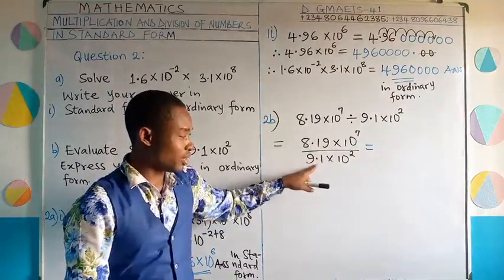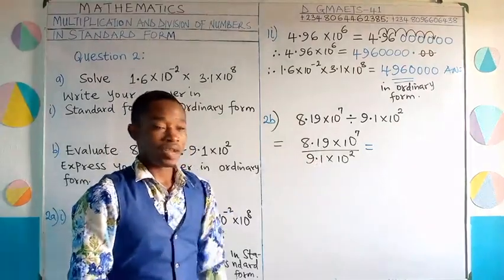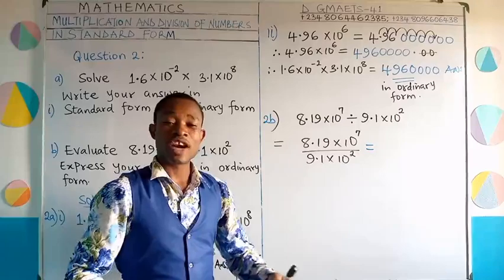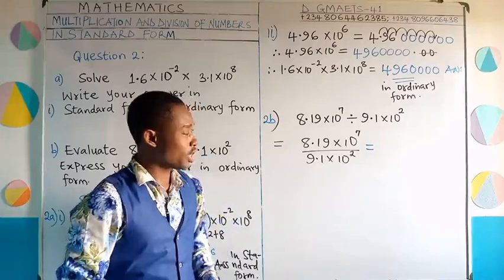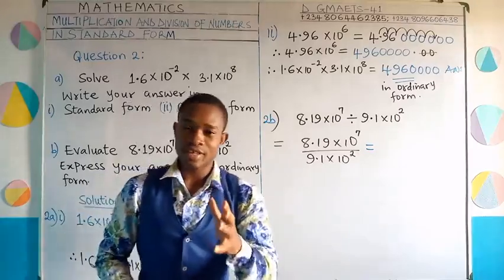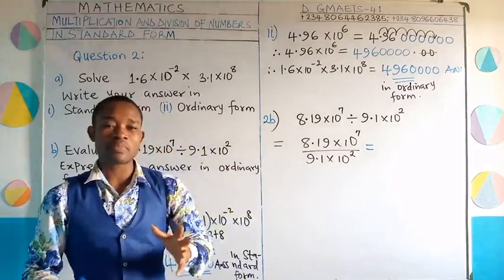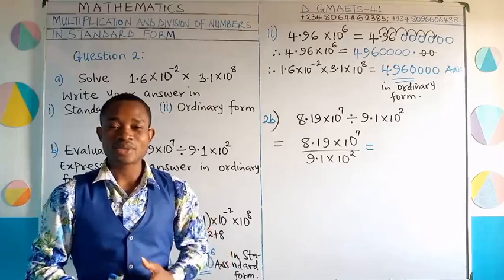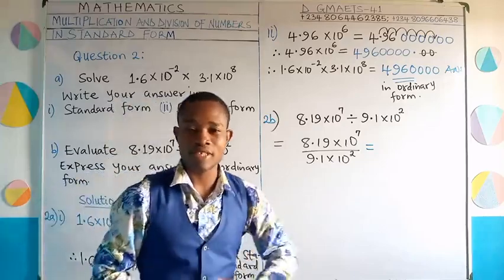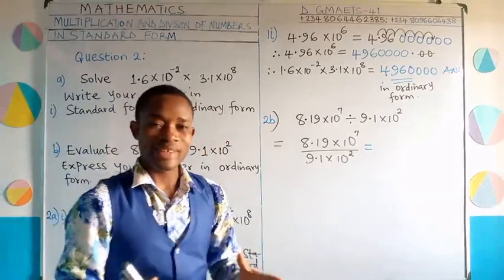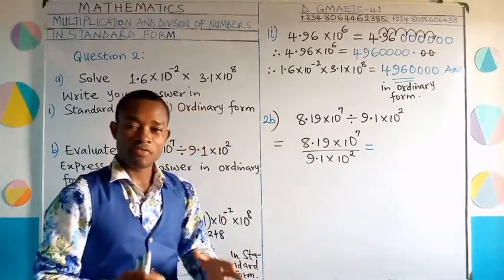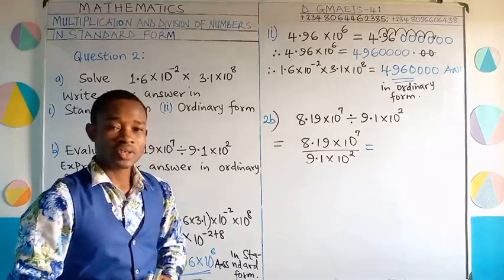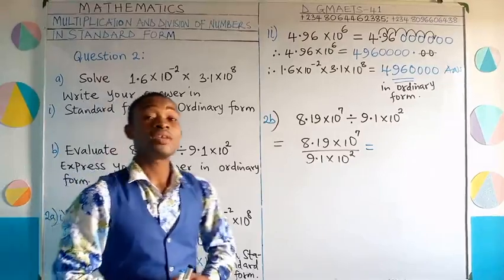The denominator is a decimal number. So it's always advisable that we change it from a decimal number to a whole number. Once again, in the GMAT 41 Basic Mathematics Class 1, I've already treated how to carry out division of decimal numbers. You can learn that by applying for this class, GMAT 41 Basic Mathematics Class 1.